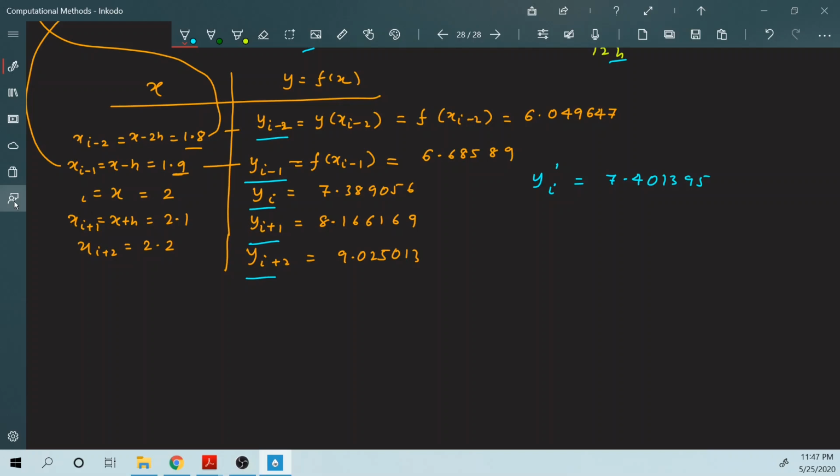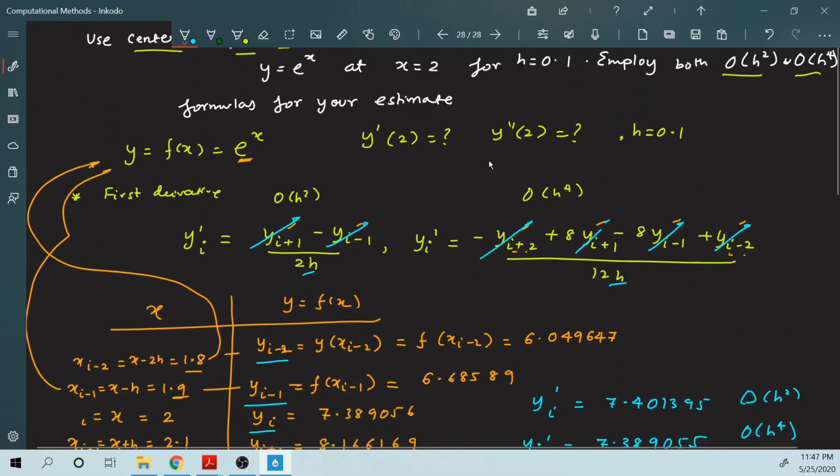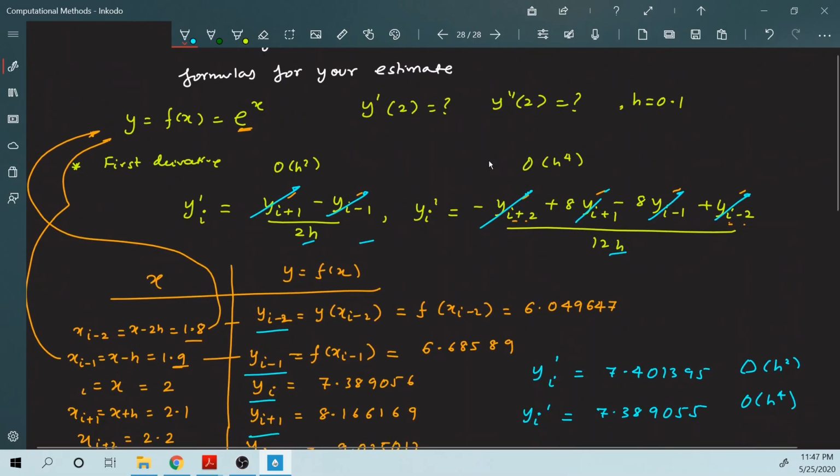Okay, this is using the second order approximation, central difference. This is going to be 7.389055. Okay, so when you substitute these in these formulas, this is what you're getting for this, this is what you're getting for this.